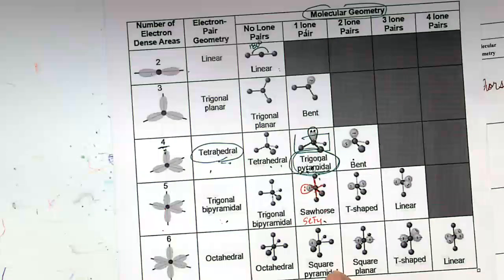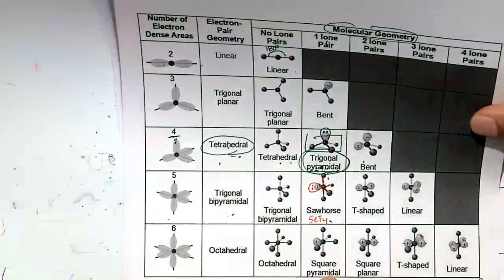So this will be square pyramidal. It's octahedral, but we removed one of them and made it a lone pair. One of them is not bound. So the electron pair geometry is octahedral, and the molecular geometry is square pyramidal. That's the power of the lone pair.